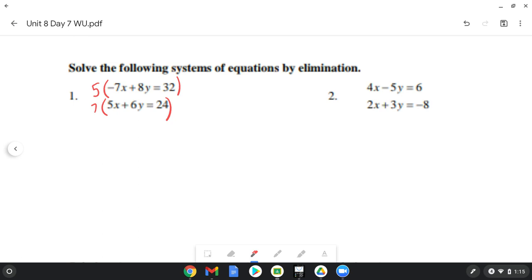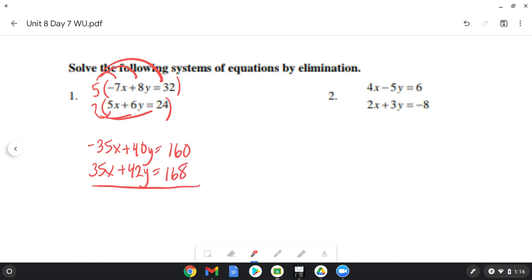If I multiply the 5 into this, we would get negative 35x plus 40y. 5 times 30 is 150. I think that's 160. If I multiply the 7 in, that'd be 35x plus 42y. 7 times 20 is 140 plus 28 is 168, I believe. So now I notice that the x's will cancel each other out, and that was our goal.